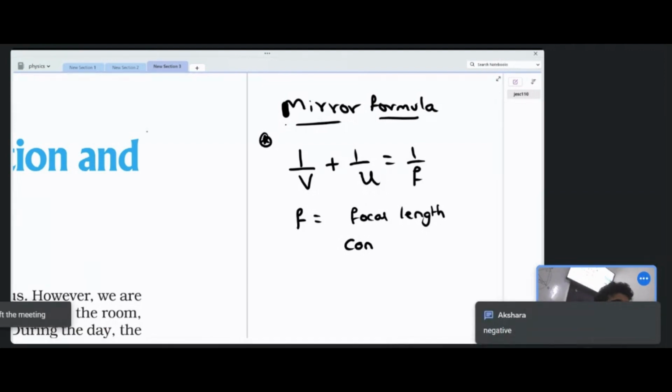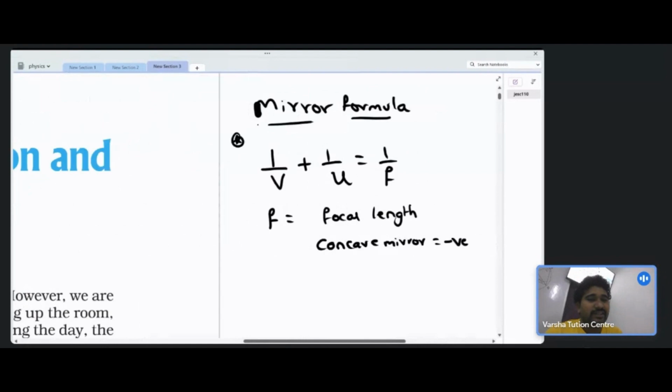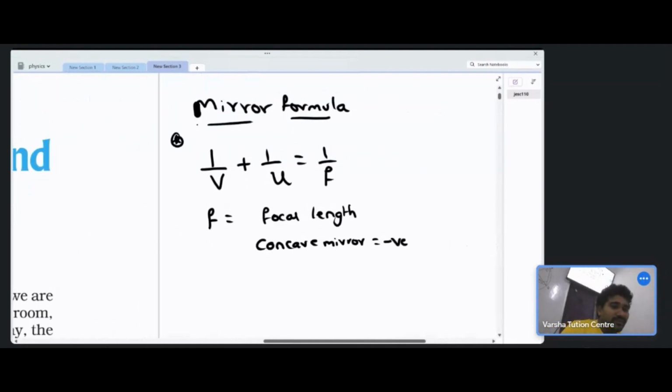So, what is the concave mirror focal length nature? Is it positive or negative? Keep in mind, for concave it is negative. Clear that thing now? For concave, what is that condition? Negative. If it is a convex mirror, the focal length will be positive.